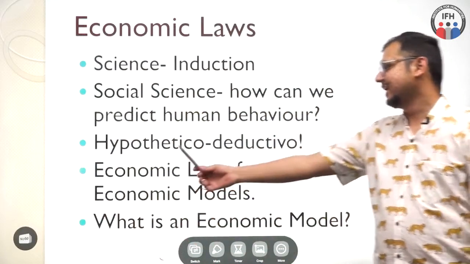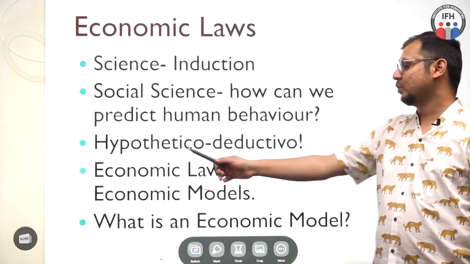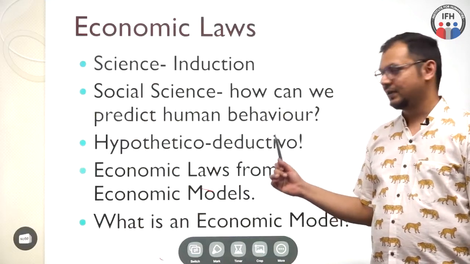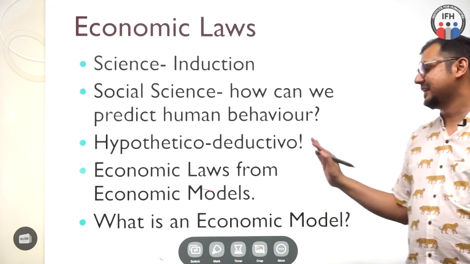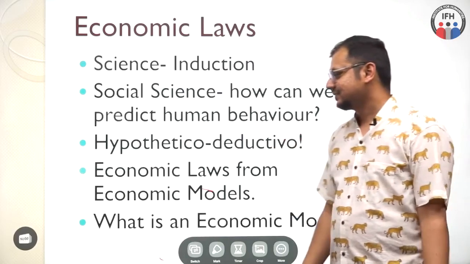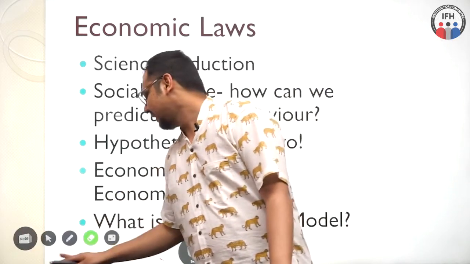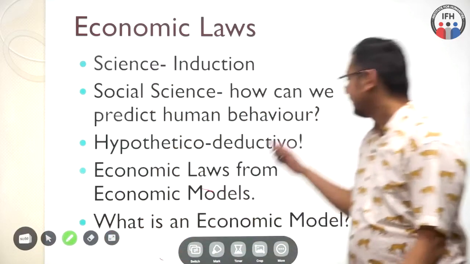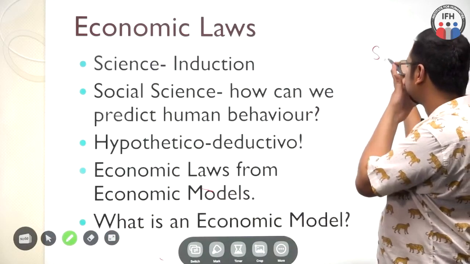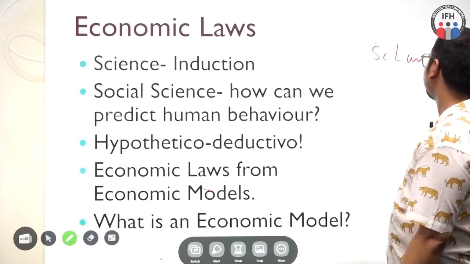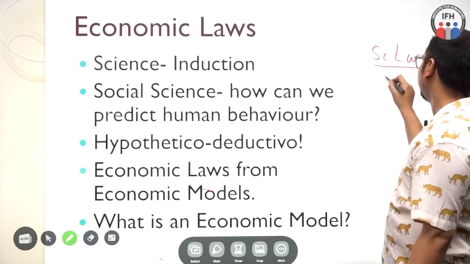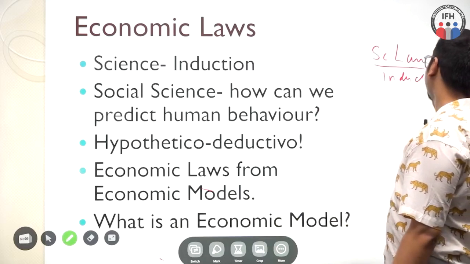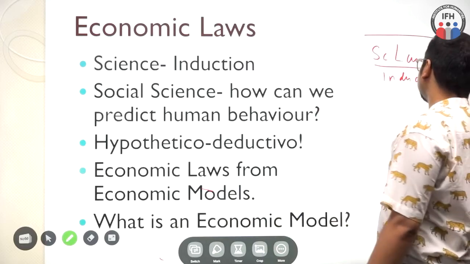So the method that economics follows is called hypothetico-deductive. It sounds like a fancy word, but what it essentially means is that we cannot establish the scientific laws that I just talked about, in terms of gravity and all of that, through induction. This cannot be done for human behavior, as we've just discussed.